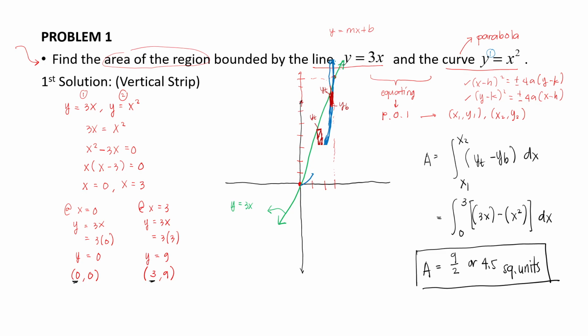Okay, so questions for the vertical strip. Again, as you notice, most likely the problem will be at the graphing and the other stuff, getting the points of intersection. Then afterwards is creating the graph itself. Because I think the easy part is the formula.